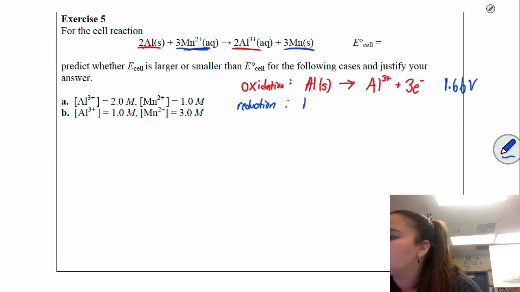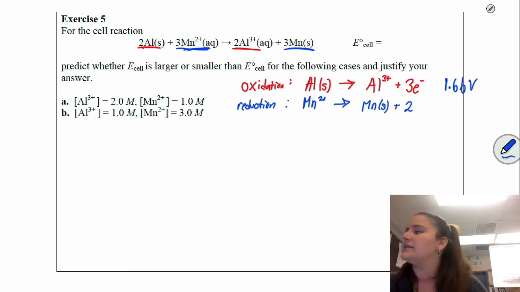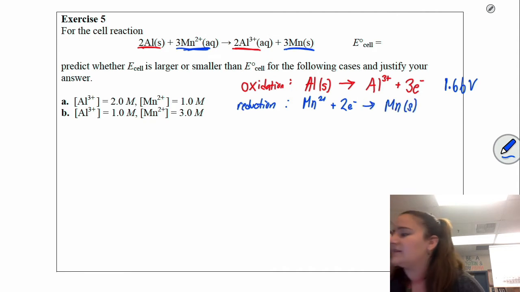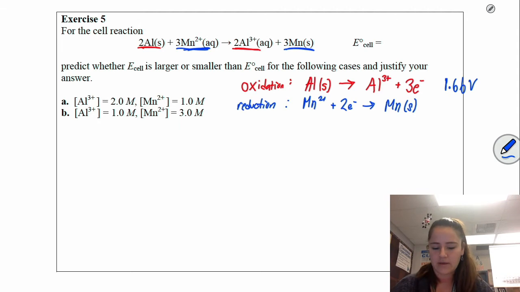Now, our reduction is our manganese 2 plus ions going to manganese solid. So we have our Mn2 plus plus 2 electrons going to Mn solid. When we look that up on the chart, it is negative 1.18, exactly as it is written.